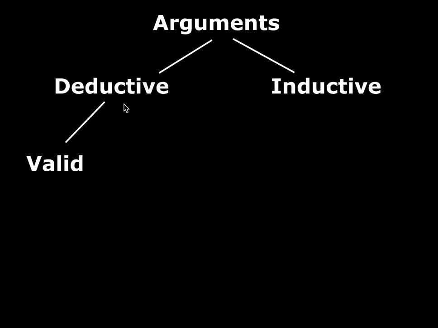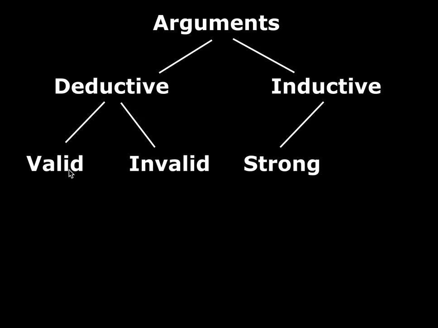If a deductive argument passes, it's got a good inferential relationship, that's valid. If it doesn't pass, it's invalid. For inductive arguments, if it passes, if it's got a good inferential relationship, then it's strong. If it doesn't, then it's weak.